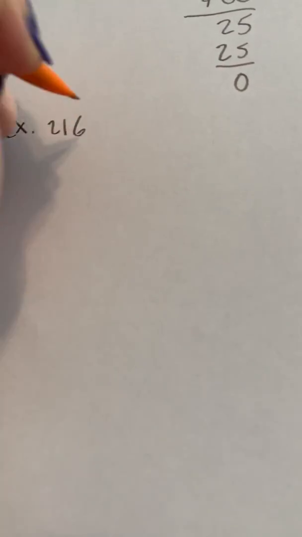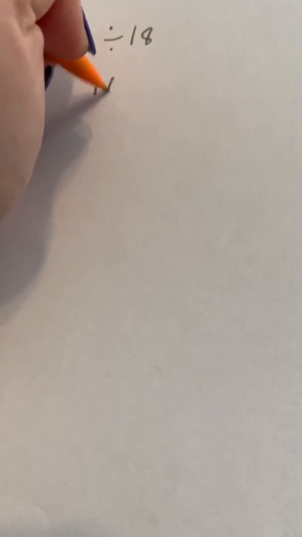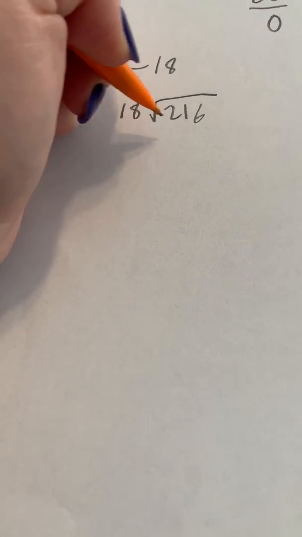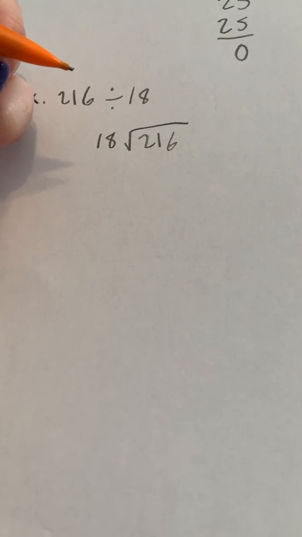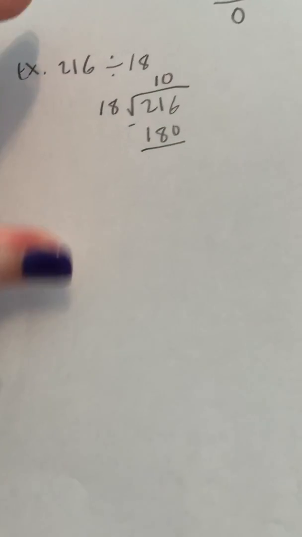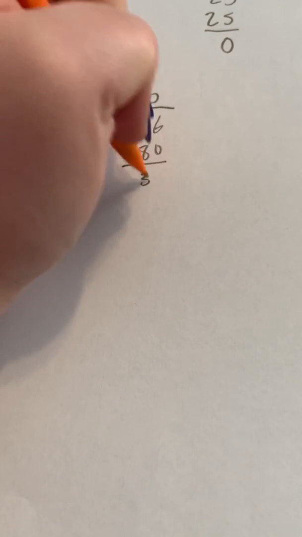All right, the next one is going to be 216 divided by 18. So what we're going to do is see how many 18s can fit into 216. We're going to use 10 so we can get to 180. So 180, subtract, that is going to be 36. So 36 is what's left out of that.